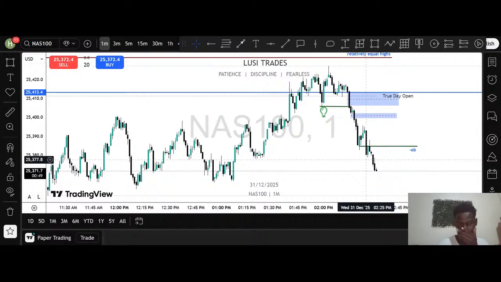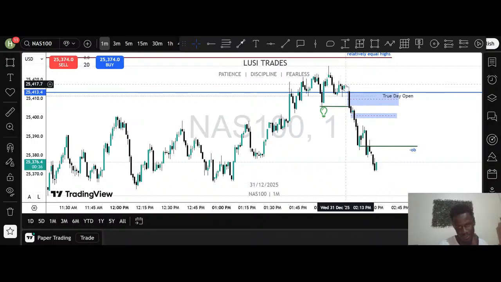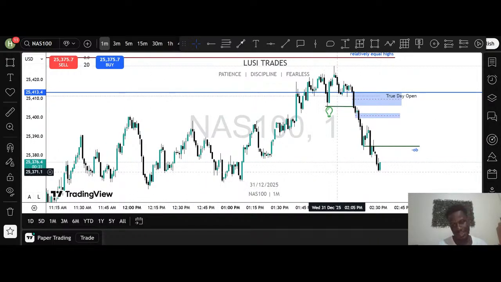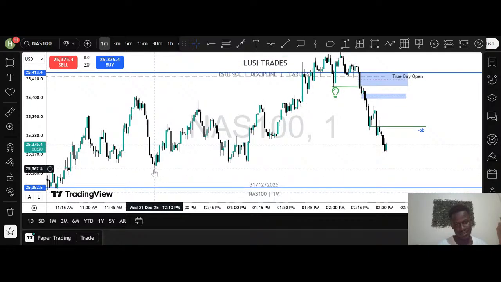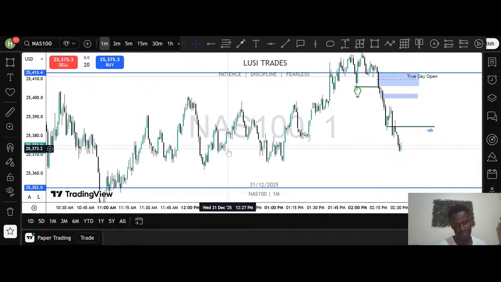So I know people who normally use this level. Once you trade below it, it just executes around the mean, the consequent encroachment of this IFVG, with stops just above here, targeting any relatively equal lows. Right here we have this low, this low, and also this one. So this level is really smooth.